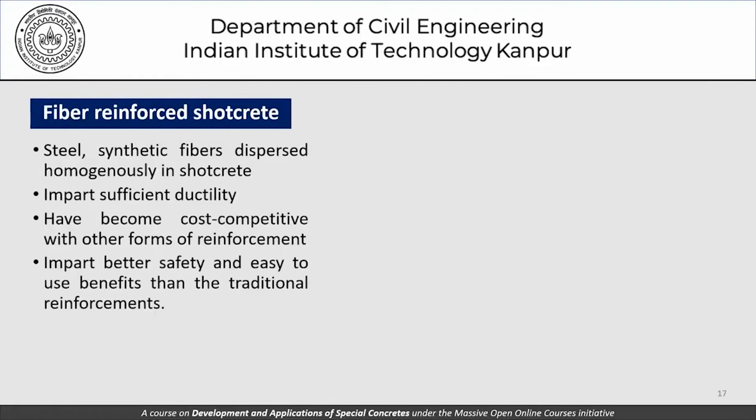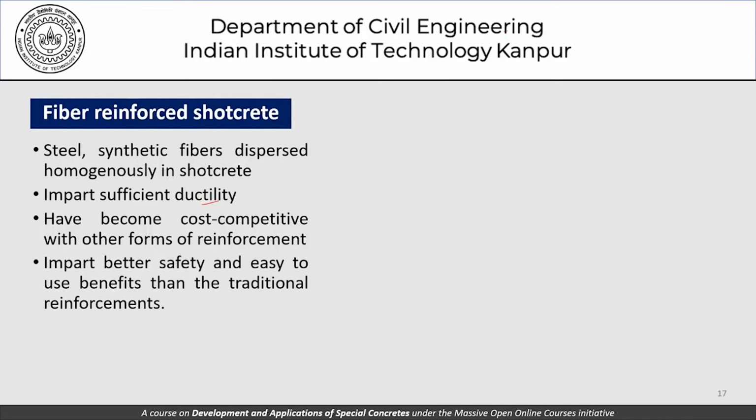As far as fiber reinforced shotcrete is concerned, yes, the steel, synthetic fibers dispersed homogeneously in shotcrete. We've talked about different types of fibers when we're talking about fiber reinforced concrete, and this is one application where fiber reinforced concrete can be used in repair works, for example. Impart sufficient ductility, that's the normal expectation from fiber reinforced concrete.